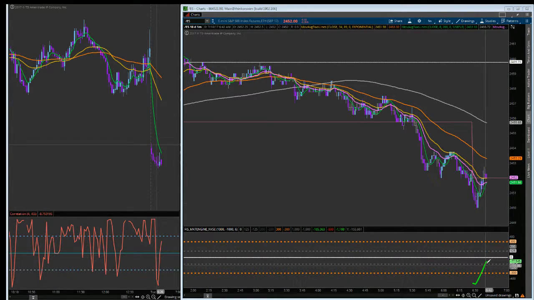Meanwhile, the market engine indicator really pushing up, very short-term bullish activities.